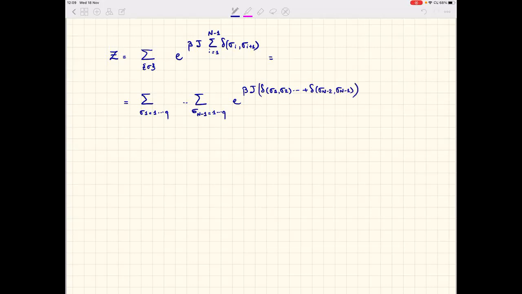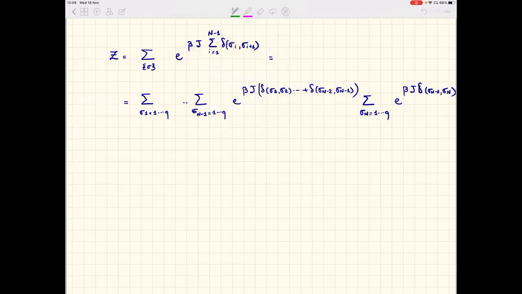And then I will single out the summation over sigma n equal to 1 to q, e to the beta J delta sigma n minus 1, sigma n.